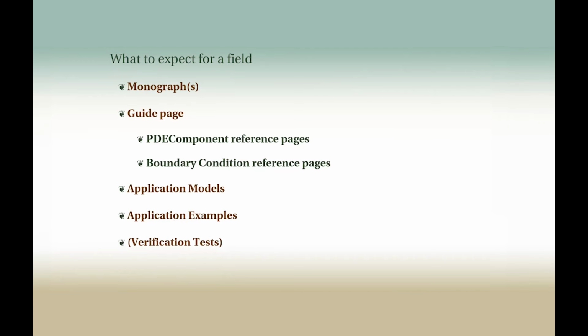So if you go to a heat transfer PDE component, all the application examples that you find there are application examples. Some of them are a bit more elaborate or more interesting than others. For those that are more interesting and more relevant, we've added links to the PDE overview page so that you can quickly find them.